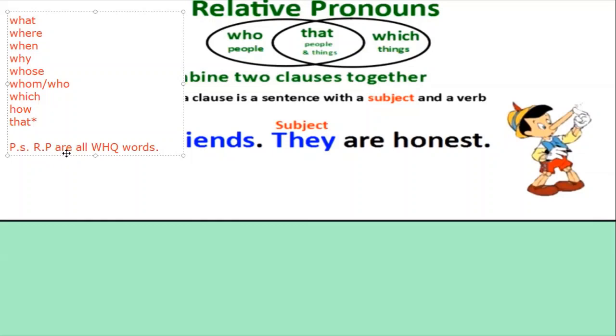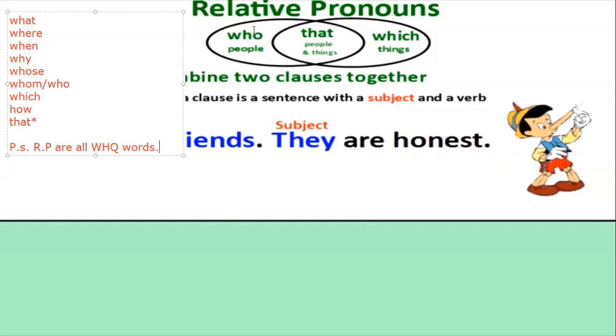The relative pronouns are all WH question words. As you can see in this example, we have what, where, when, why, whose, whom, who, which, how, and then we got that. It's not a WH question word. It's like the exception of this rule. But normally the relative pronouns are all WH question words, and we use them for different things.